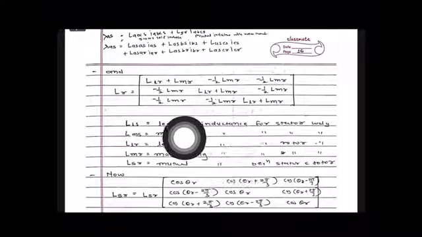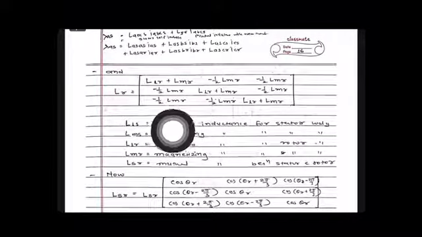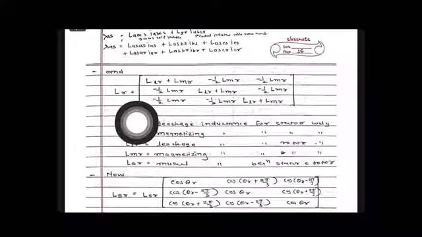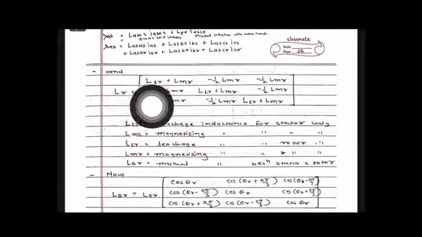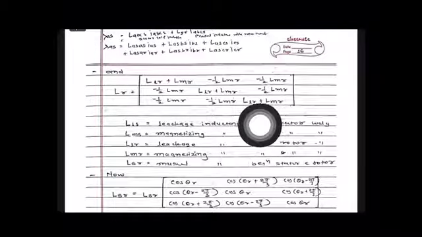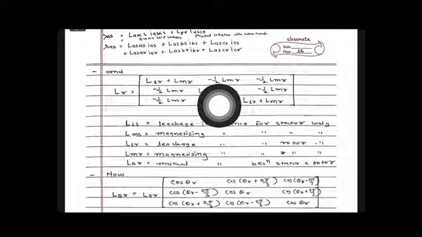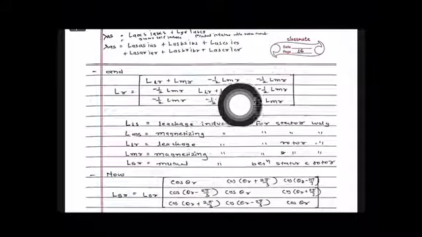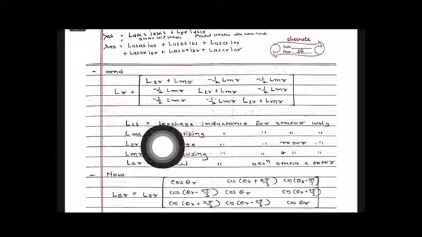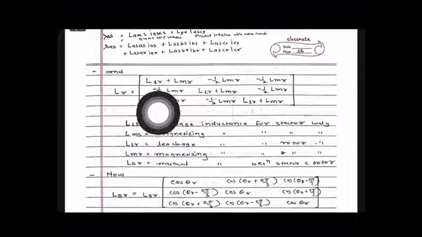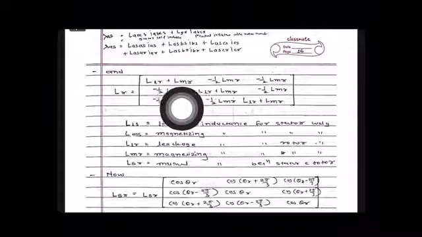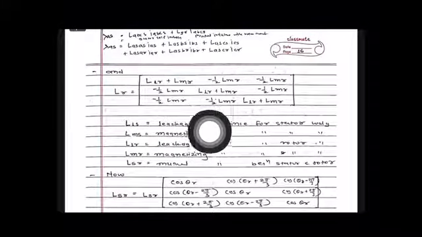So now LR is again given by the self inductance of the rotor, and it is given by LLR plus LMR. All the diagonal elements are LLR plus LMR, and off diagonal elements are minus 1/2 LMR. So we can simply say that LLR is the leakage inductance for the rotor side, and this is magnetizing inductance for the rotor side.